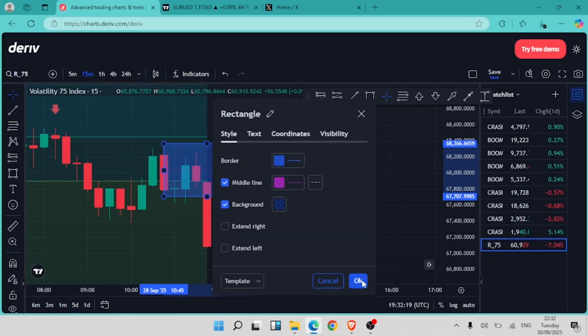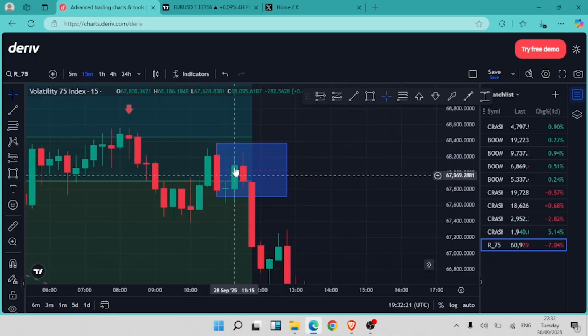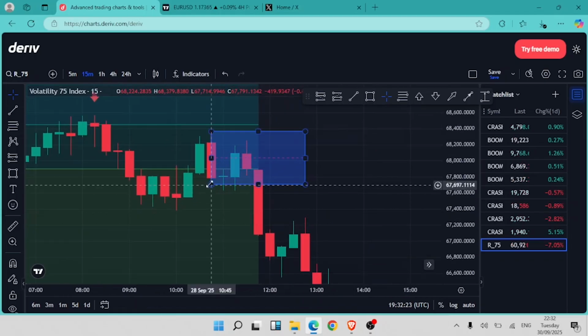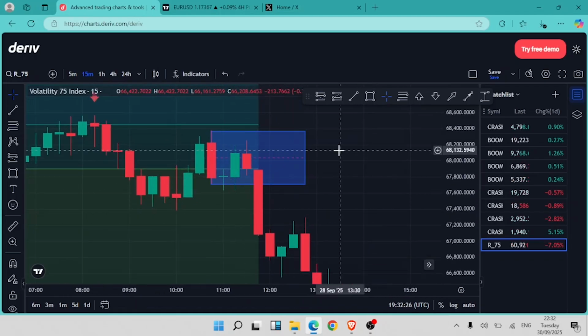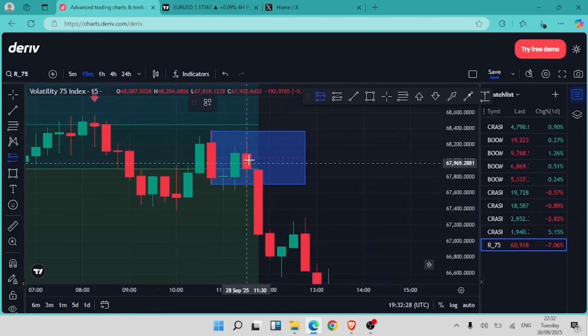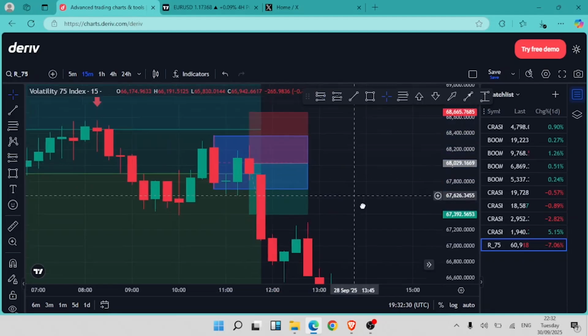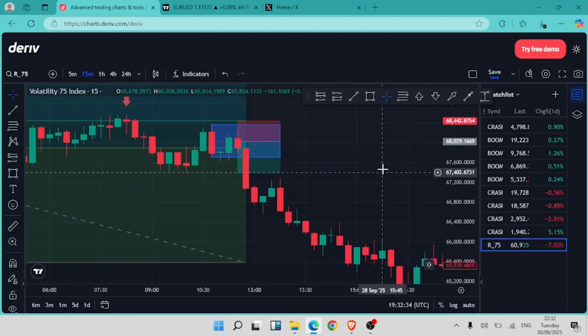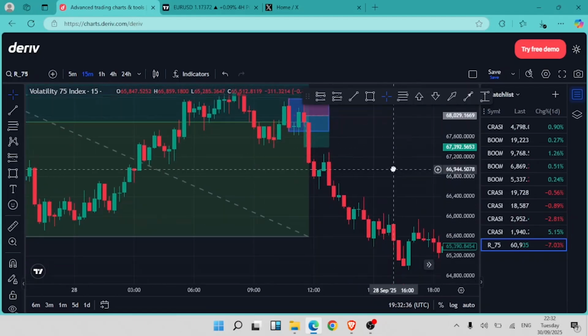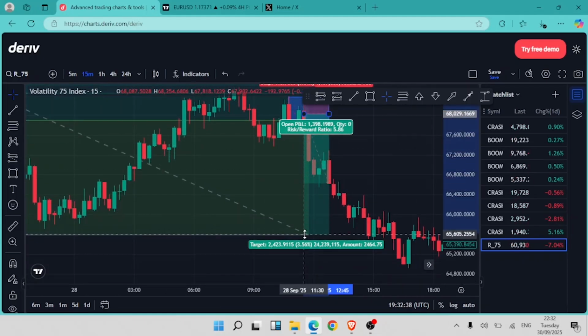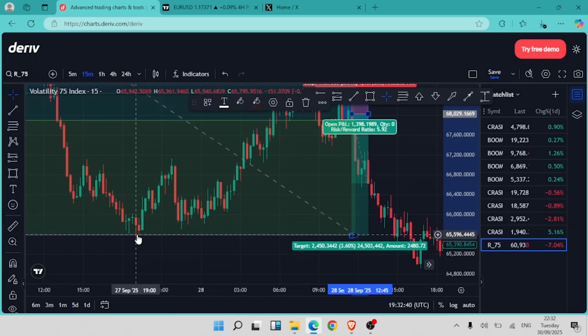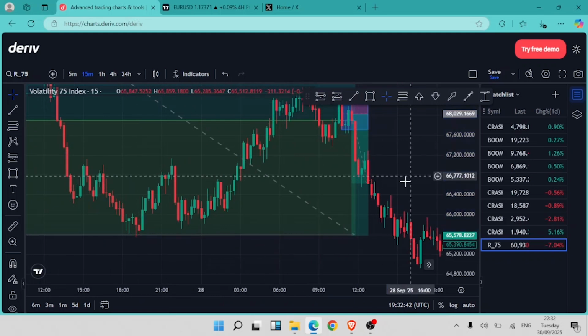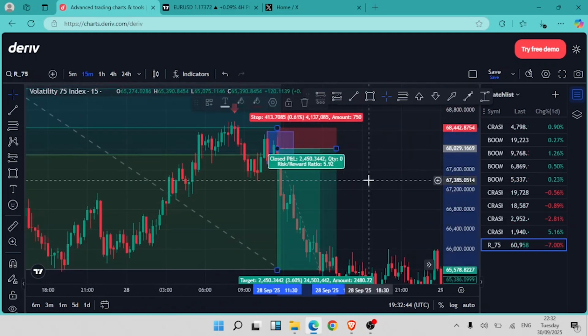Yeah, middle line. Okay, so a midpoint or a middle line, and then you want to get an entry at the midline of this rectangle, or at the center of this engulfing candle, and then you sell and place the stop loss just above that engulfing candle and take profit at the beginning of this retracement, which is that spot right there.